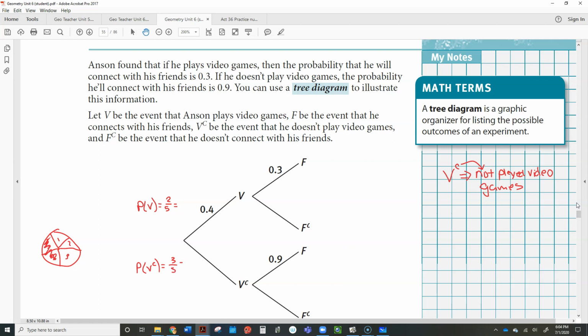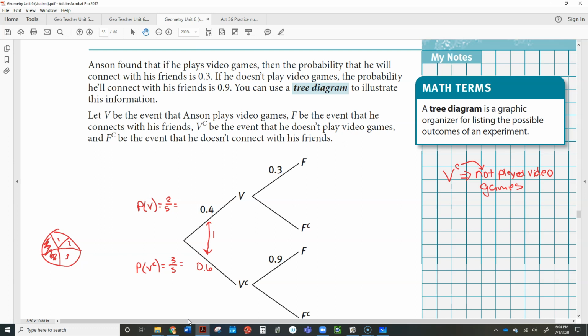And you divide 3 out of 5 and you get 0.6. Now, the thing that I want you to recognize is that these 2 right here add together to be 1, and that's how you know that you've calculated these 2 correctly. The sum of the 2 outcomes should be 1, because those are the only 2 things that could happen. He's either going to play video games or he's not going to play video games.